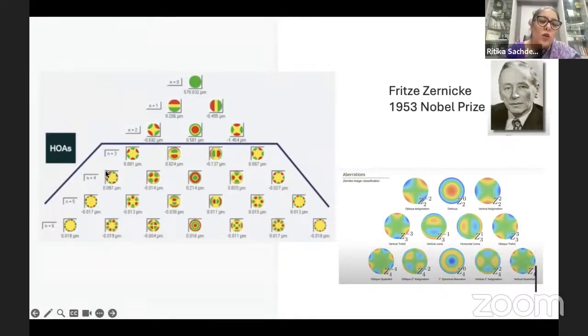The most common lower order aberration that we are dealing with day to day, even the opticians are dealing with, is the second order aberration, which is astigmatism and defocus. Defocus is basically myopia and hyperopia, the spherical error.